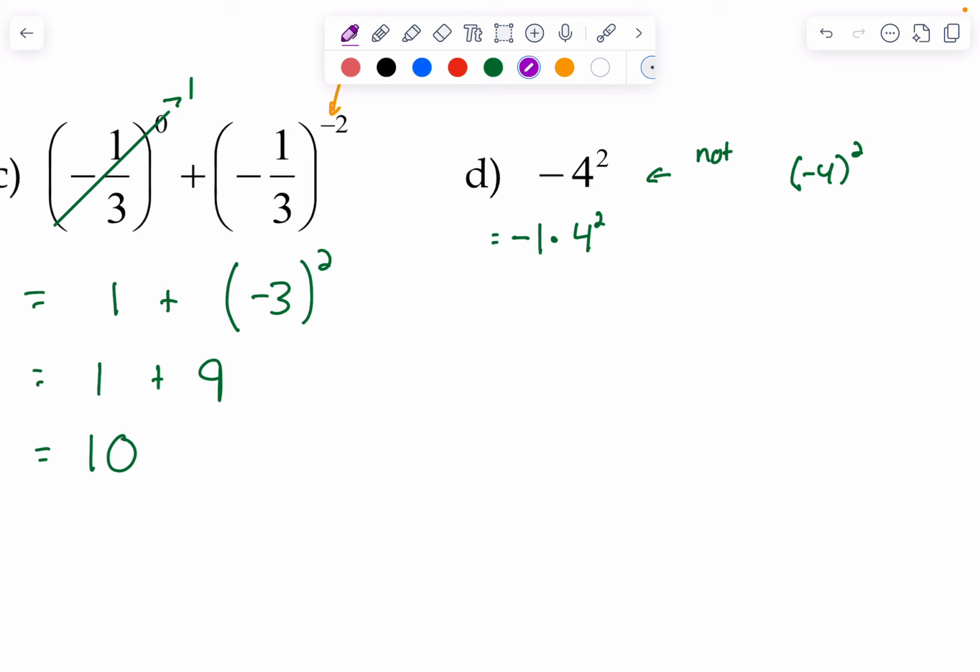And why does this make a big difference? If we follow the rules of BEDMAS, which tells us how we have to simplify things, we have to deal with the exponent before we deal with the multiplication. So in dealing with the exponent first, we have to deal with the 4 squared, which would become 16, before we deal with the multiplication and get negative 16.